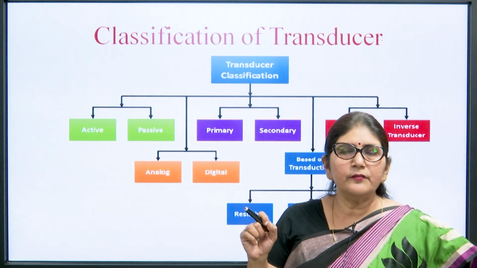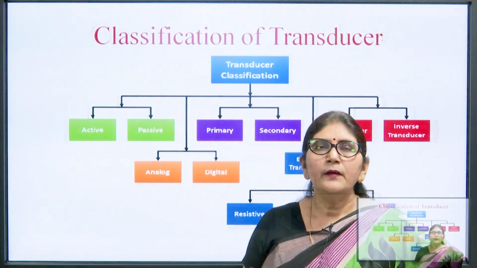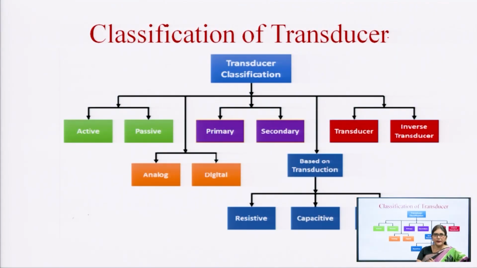In a piezoelectric crystal, if pressure is applied, that pressure is converted into a change in voltage. Because this piezoelectric crystal does not require any input voltage or auxiliary source, but already produces a change in voltage, it is the active type of transducer.